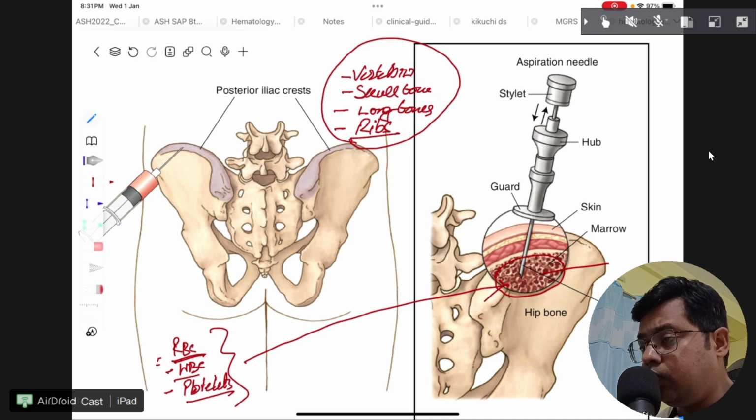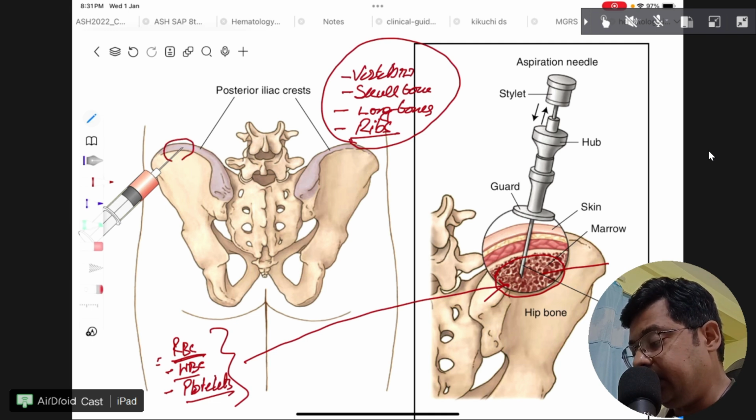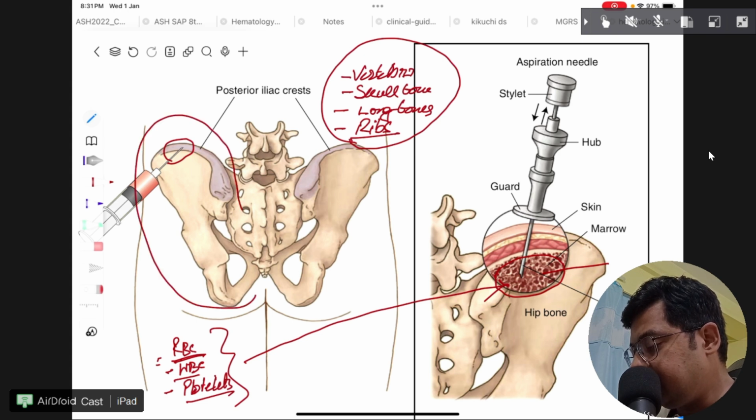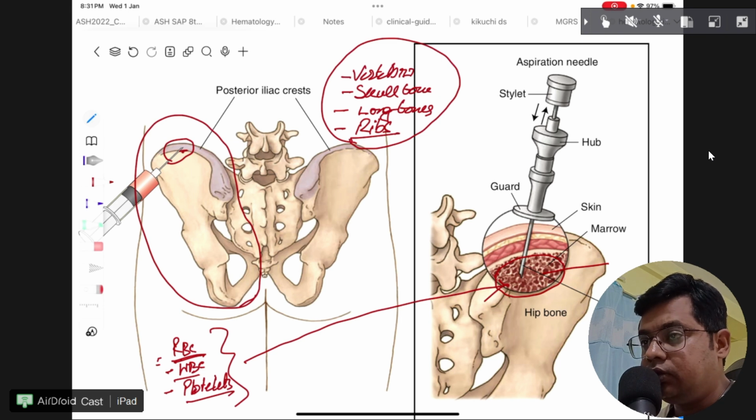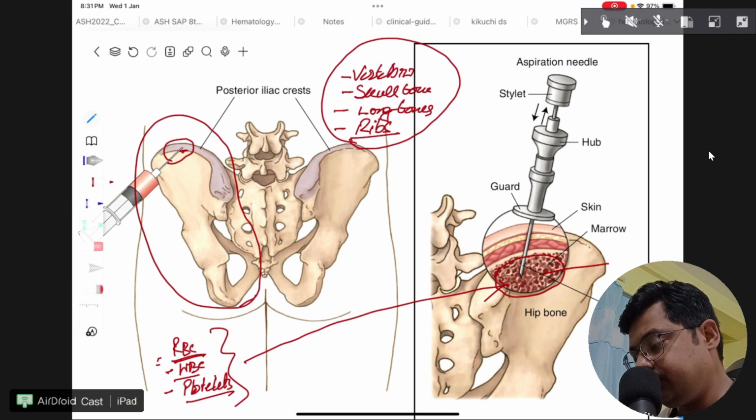Now, what are the usual places to perform a bone marrow examination? The most common site for a bone marrow examination is the iliac crest. So this is the iliac bone, and this part of the bone is known as the iliac crest.